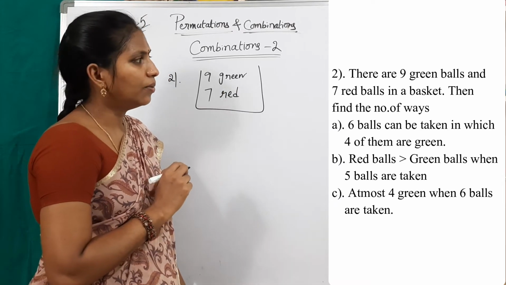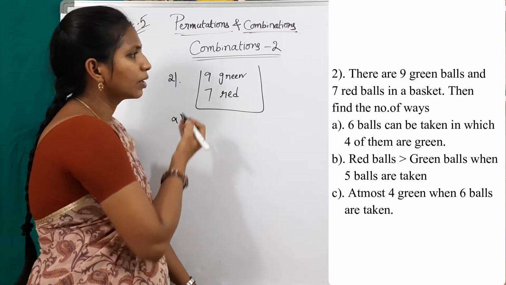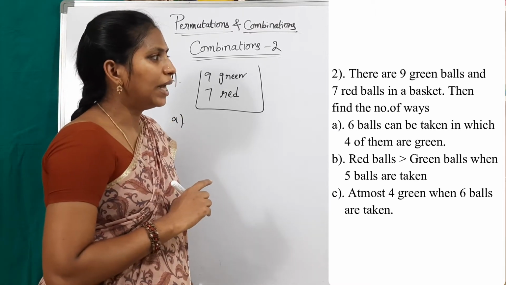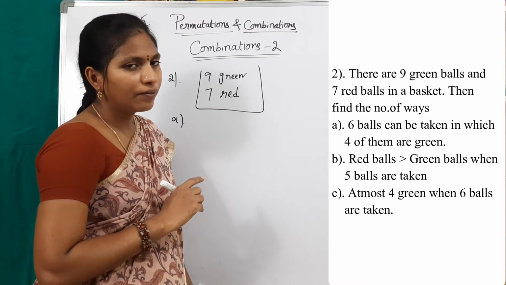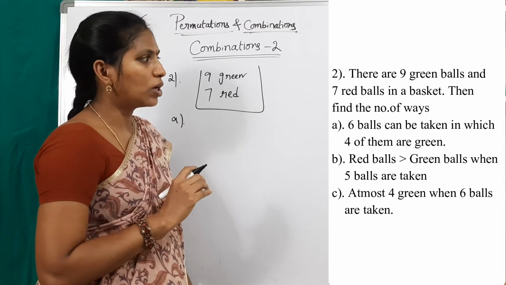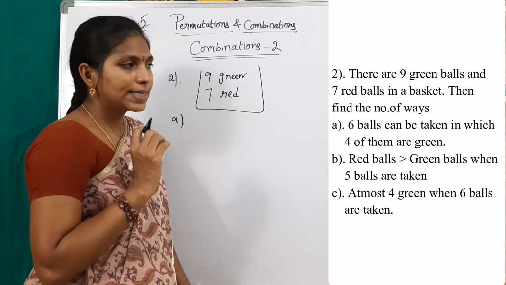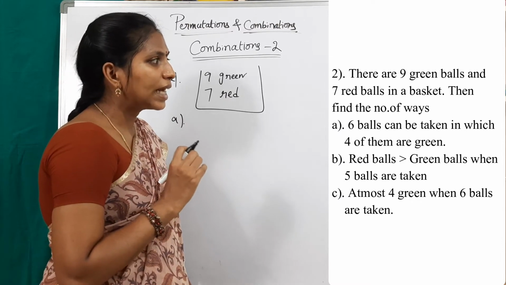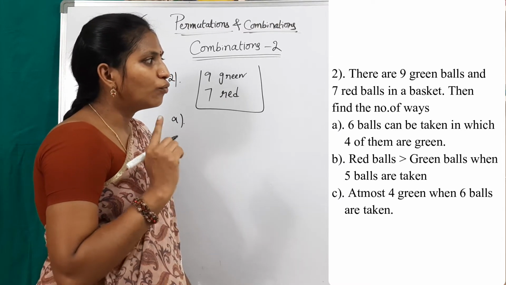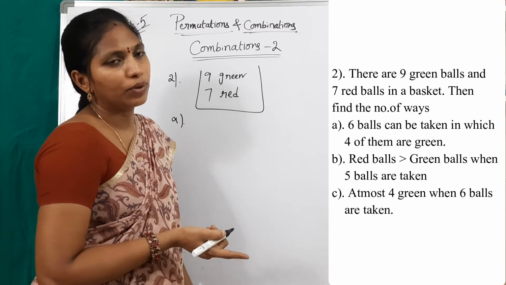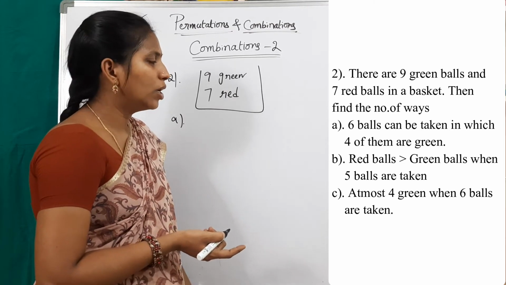First sub question, A. 6 balls can be taken. Totally, we have to select 6 balls. Taken means here selection. 6 balls can be taken in which 4 of them are green.